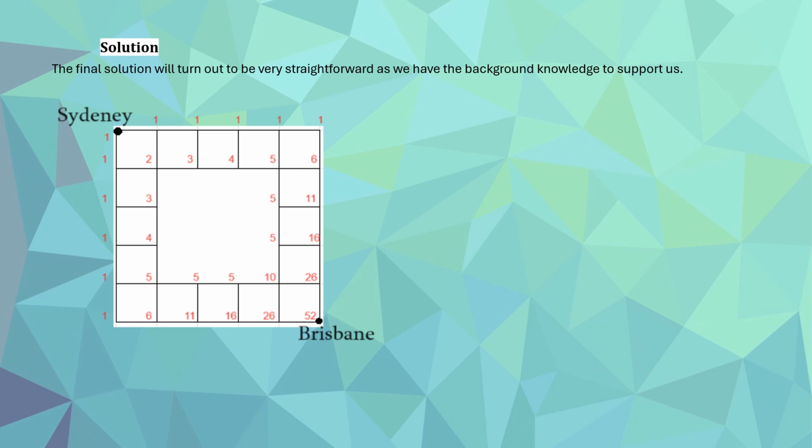And I just use Pascal's triangle with Sydney as the first node here, going this way, I get the result 52. But when those boys and girls work on this, they still make some mistakes.